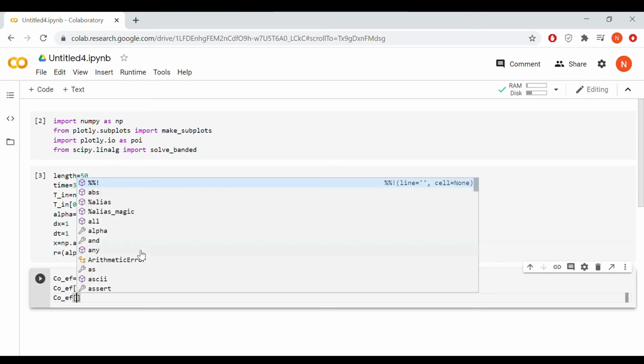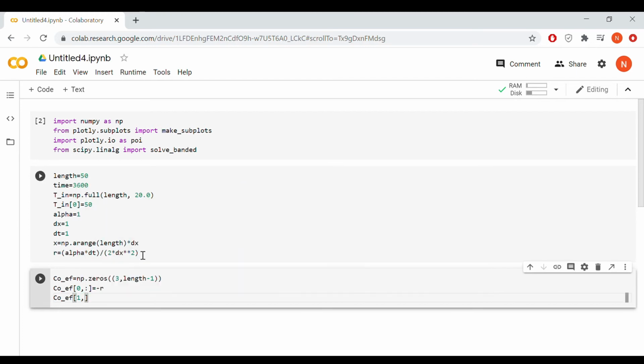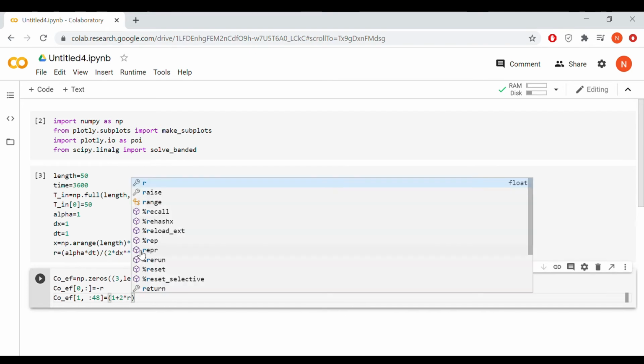Coefficients from 1 to 48 will be equal to 1 plus 2 times r.